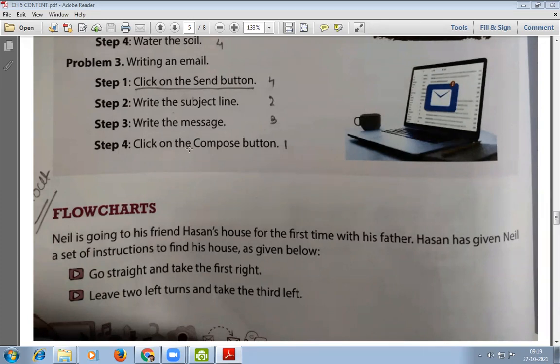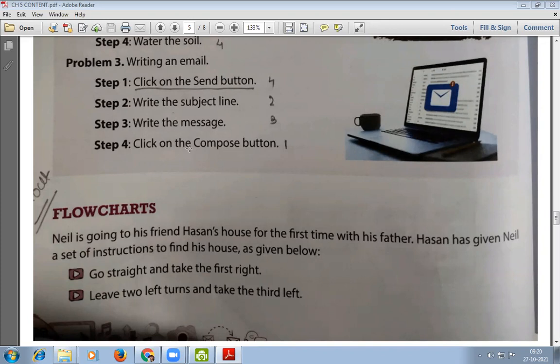The flowcharts. Neil is going to his friend Hassan's house for the first time with his father. Hassan has given Neil a set of instructions to find his house as given below.